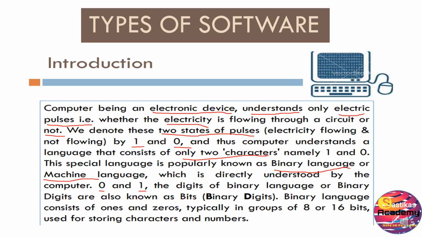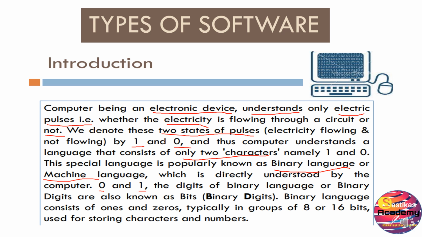Why zeros and ones? Because it works through electric signals. If the electricity is flowing and working, it's 1. If it is off, it is 0. By using this 1 and 0, it is called a binary language, otherwise known as machine language.